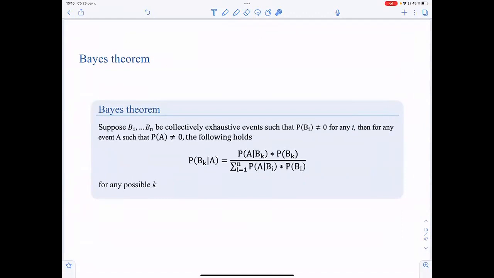For those of you who are going to be experts in machine learning and machine learning models, I'd like to mention the following. Maybe you heard statements like Bayesian classifier or Bayesian estimation. Hopefully you heard that.